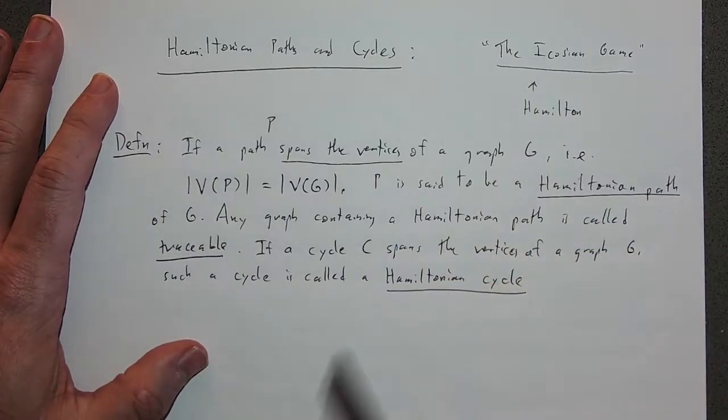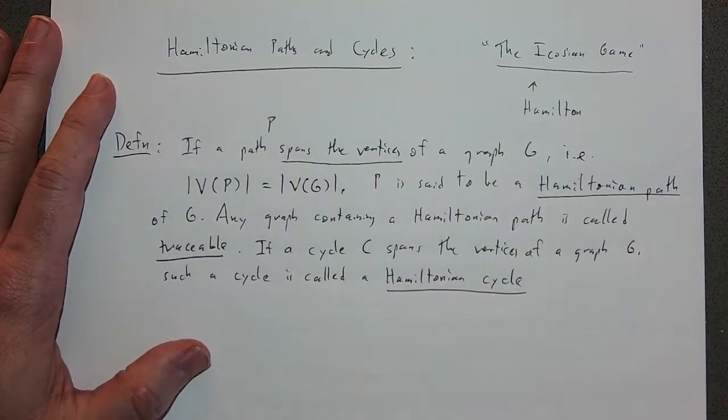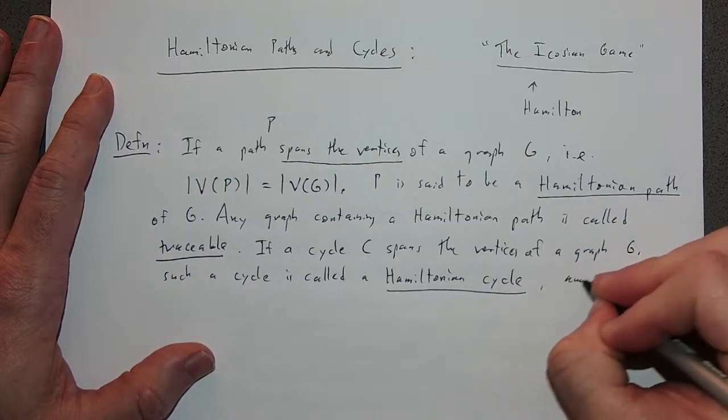And any graph containing a Hamiltonian cycle is called a Hamiltonian graph.